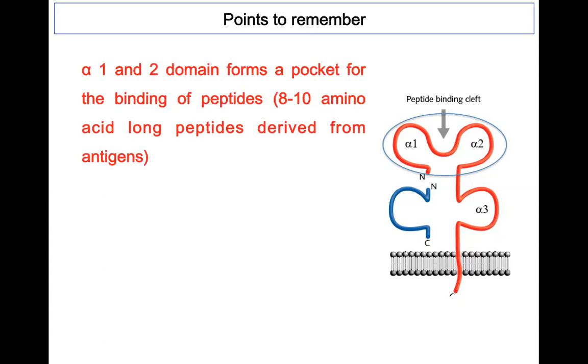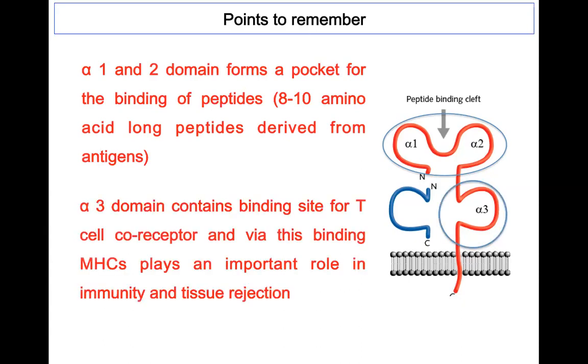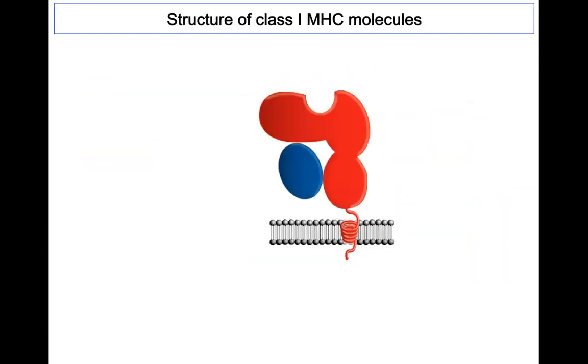And the binding site for the antigens is that the alpha 1 and alpha 2 domains form a pocket for the binding of the peptide derived from the antigen. So that cleft is known as the peptide binding cleft. And the other one we mentioned is alpha 3, and that alpha 3 domain contains the binding site for T cell co-receptors. So we have studied one part, the alpha chain, and we have understood what these parts are.